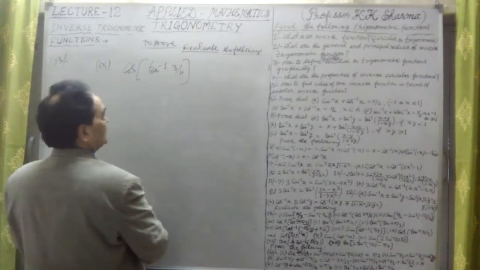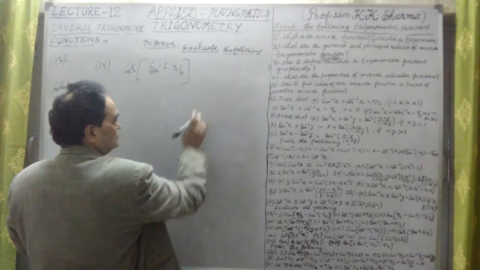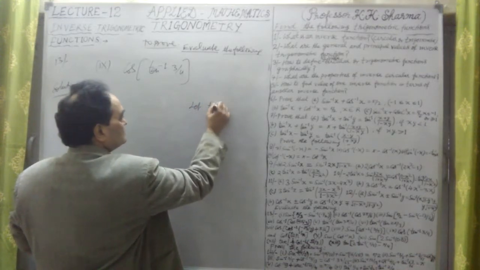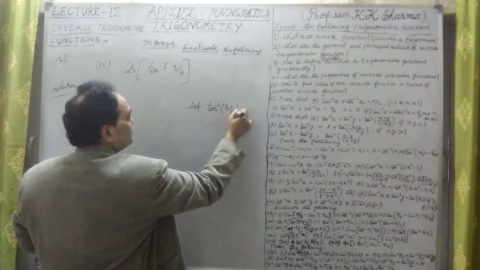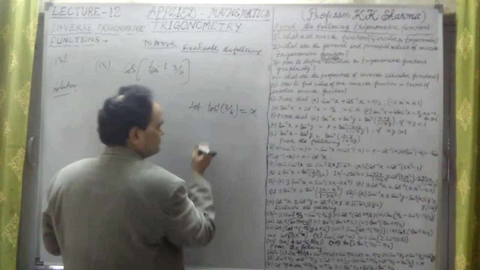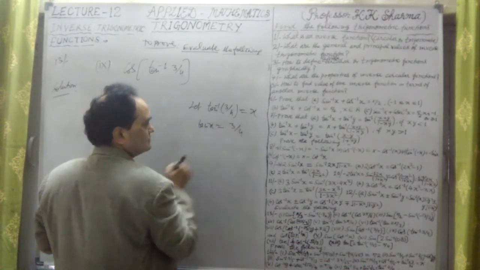Undoubtedly, again we have to convert this into cos inverse. Tan inverse 3 by 4 is given, so let us take tan inverse 3 by 4 equal to x. Or tan x equal to 3 by 4.